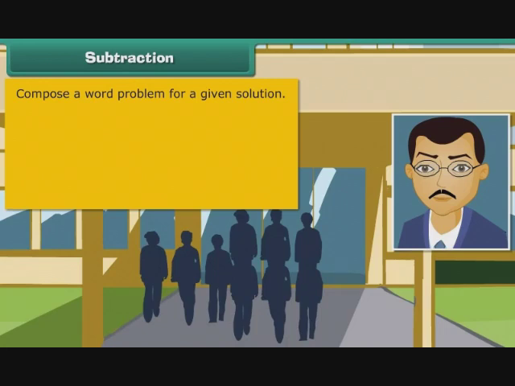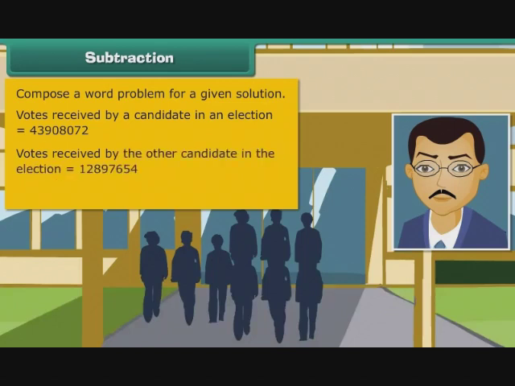Look at this solution. Votes received by a candidate in an election is equal to 43908072. Votes received by the other candidate is equal to 12897654. Difference between the votes is equal to 31010418.